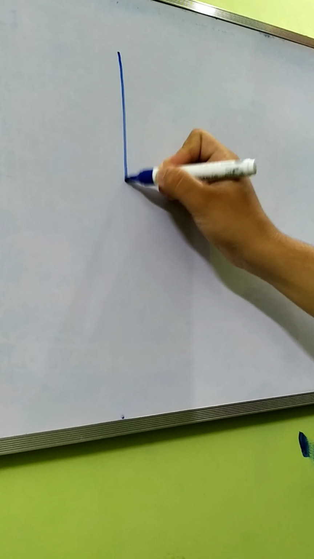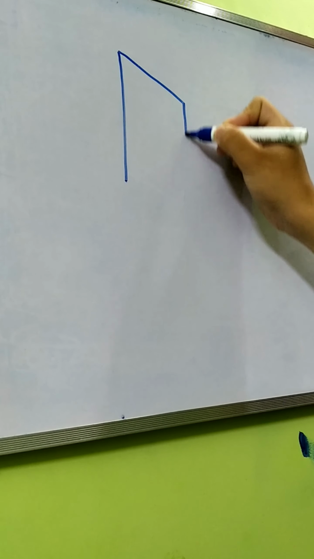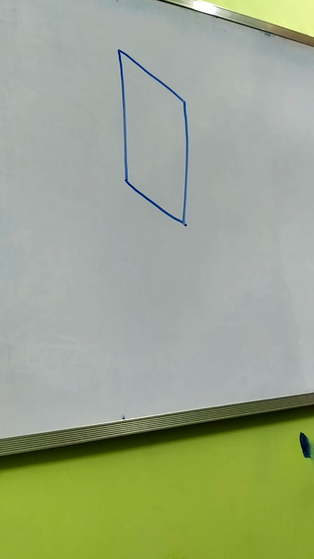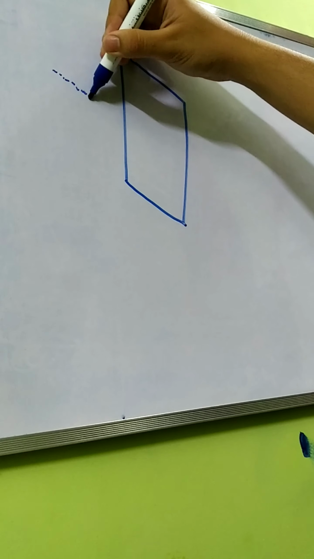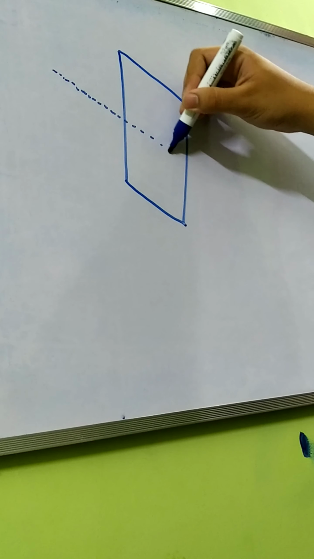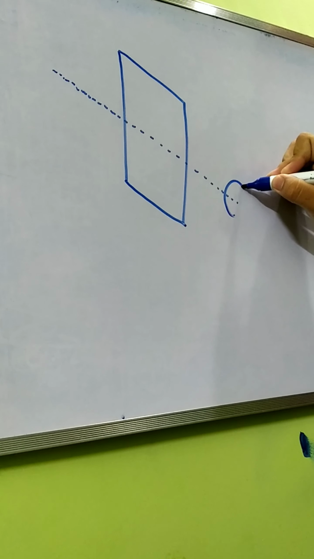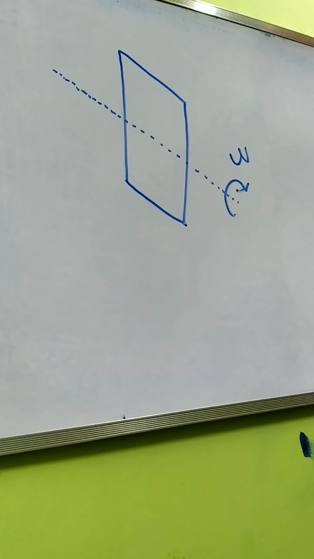So consider that this is the book, and this is the axis passing through it. This is the angular velocity omega.